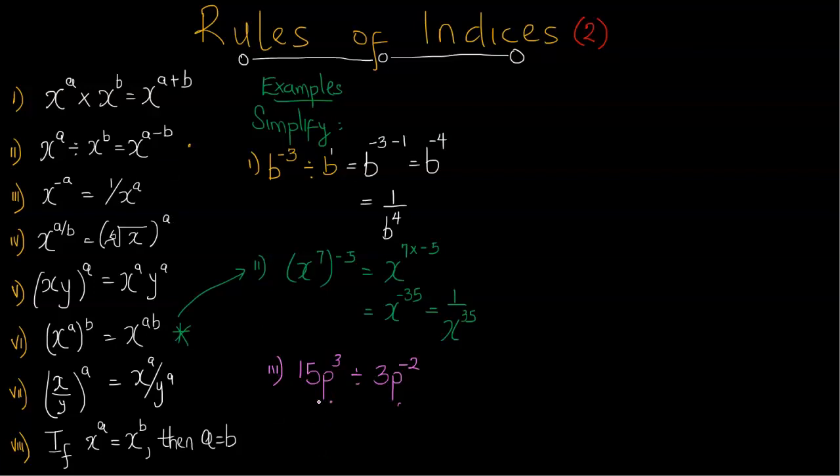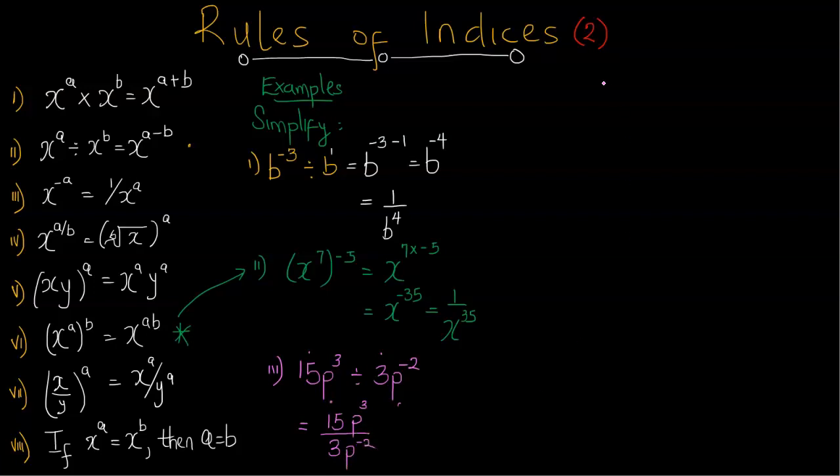But here is a stumbling block. The numbers here cannot be written as the same base. So to make it easy for me, I can just rewrite this as 15p raised to the power of 3, then use this symbol that's divided by 3p raised to the power of -2.